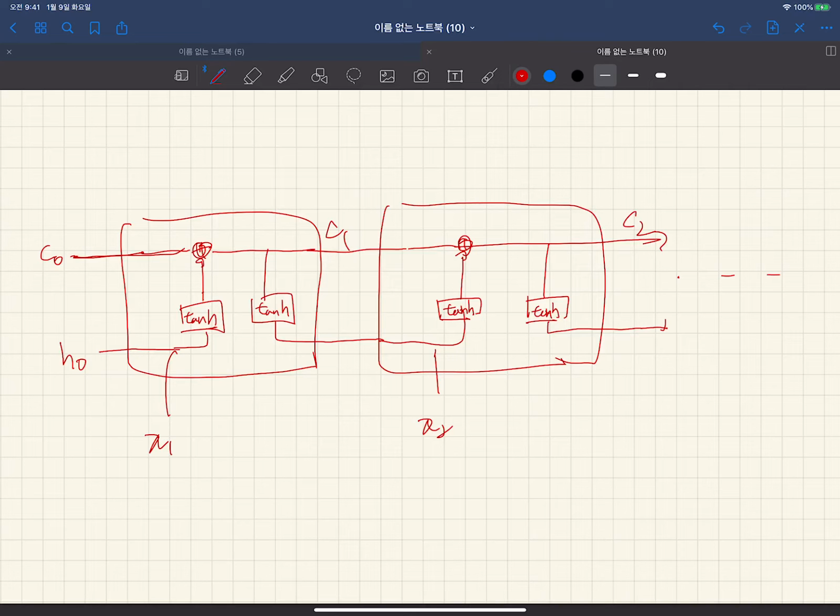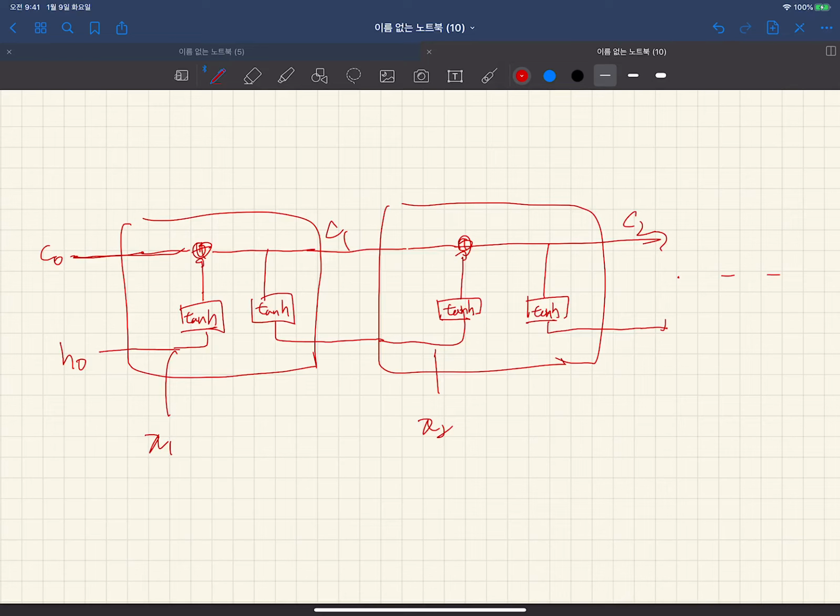And if the long-term relationship is not important, we can simply make the forget gate close to 0, and we can control the input gate and output gate as well. So we can control the gates using the sigmoid function and the trained parameters so that we store long-term relationships only when we need. Okay, so this is the key idea of LSTM.